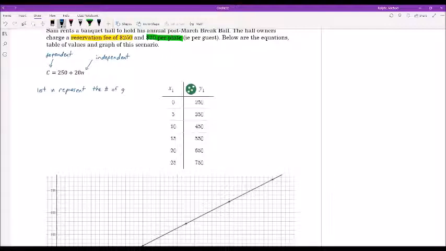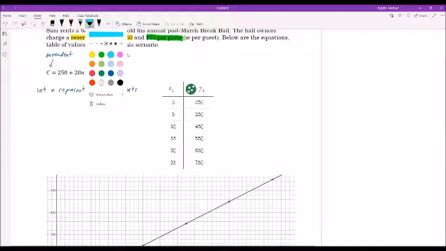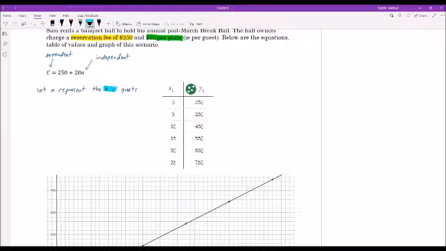It's important to state that it's the number of guests, because if we just said let n represent guests, we wouldn't really know what's supposed to go in for the n. If we say number of guests, then we can substitute a number in for n, so then we can calculate the total cost.